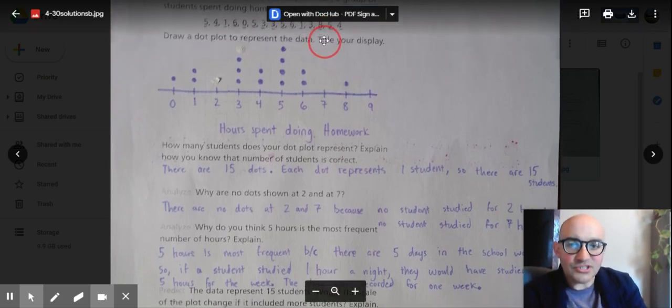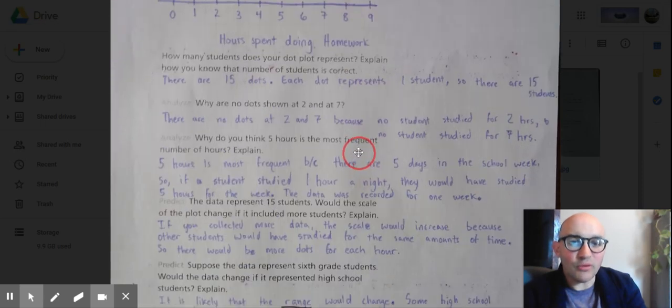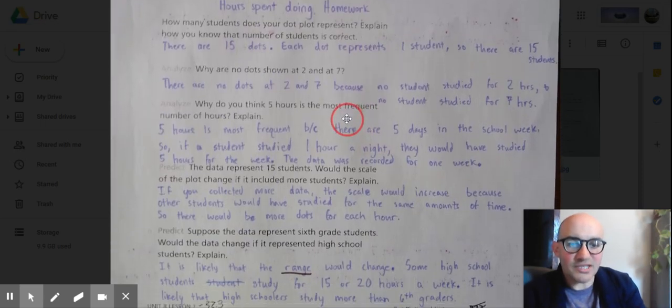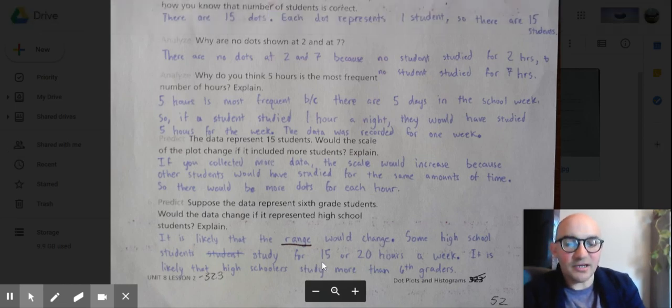The question says, let's suppose this is 6th graders' homework study time. So some people study 0 hours, some people study 8 hours, but no one studies more than 8 hours according to this data. You kind of have to know more about high school students. How much do they study? Some high school students study huge amounts of time throughout the week.